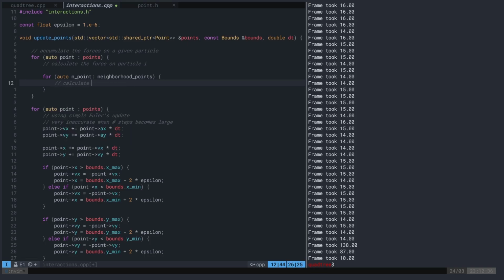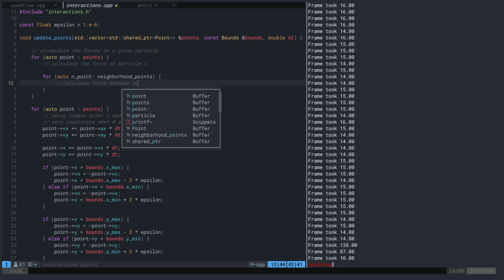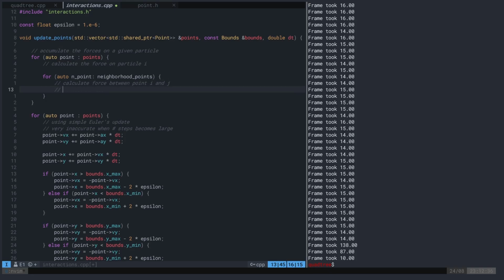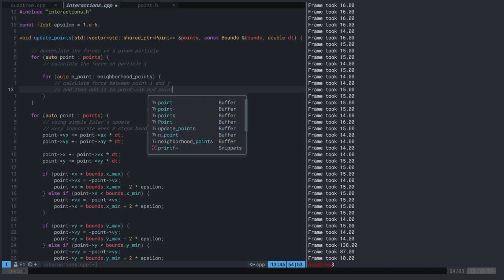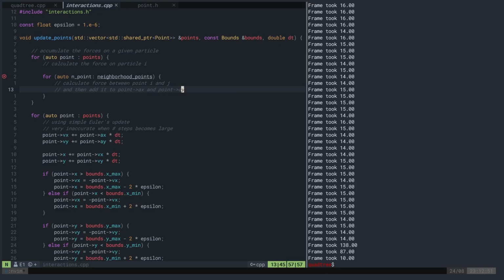We calculate the force between point i and j, and then add it to point ax and point ay, like so. It's giving me a warning because neighborhood points is not defined, which is fine.